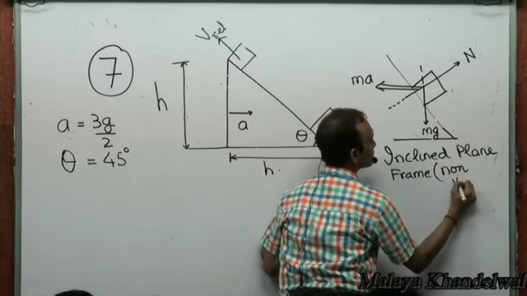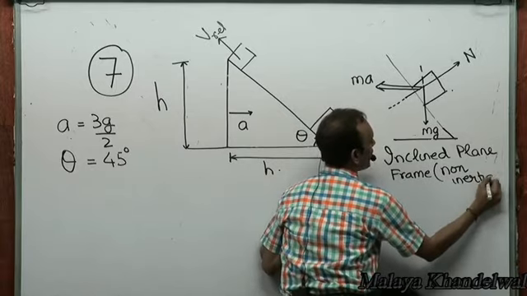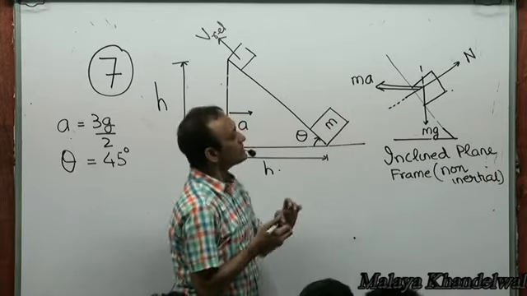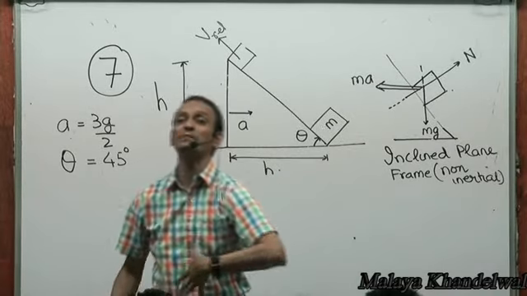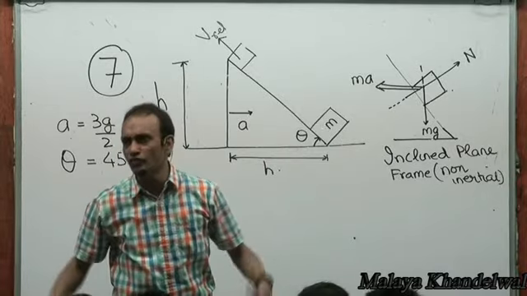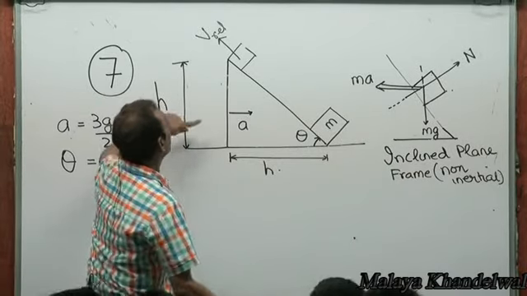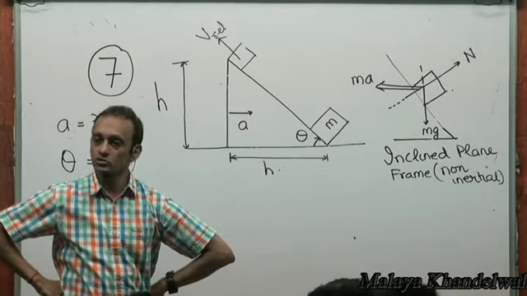Non-inertial. So if you look at things in the inclined frame of reference, then in addition to the real forces mg and N, you would have to incorporate a pseudo force which would be opposite to a: ma leftwards. If a is to the right, it's going to be ma to the left. Yes or no? Sounds good? Sounds all right?